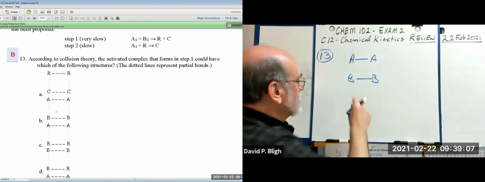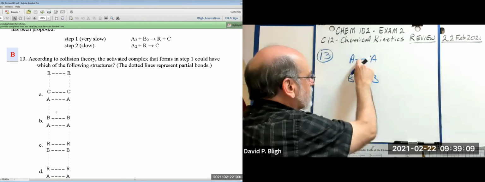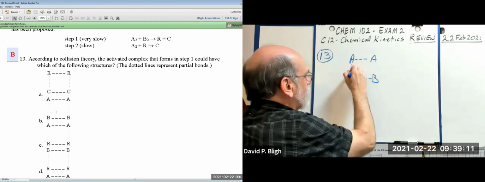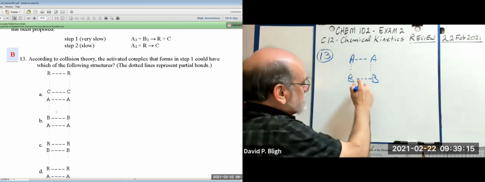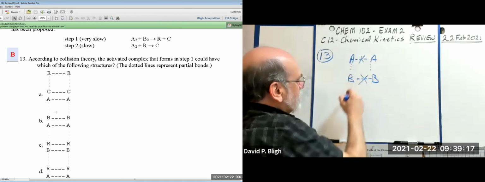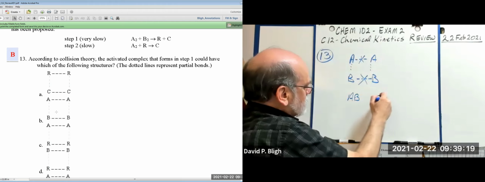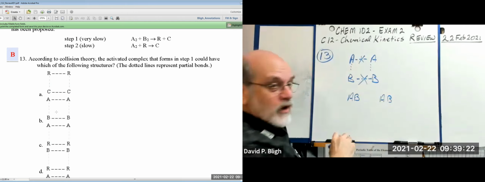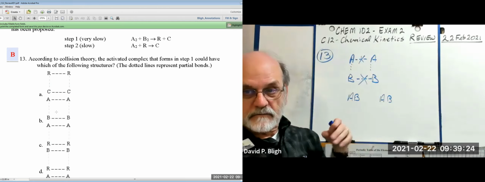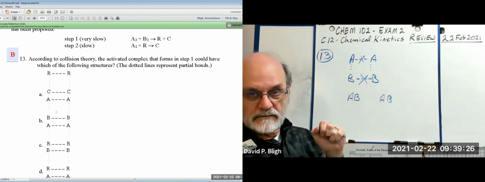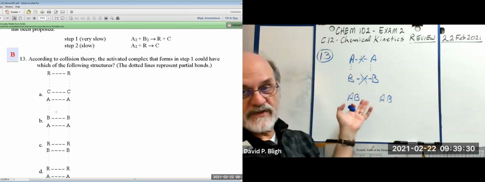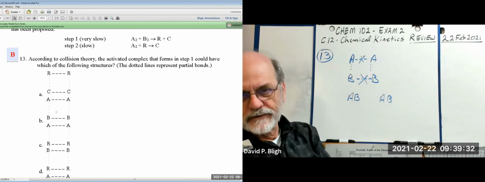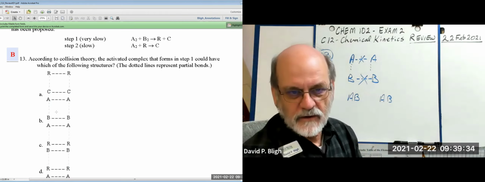Then after the collision, that starts to break, and that starts to form. And once these break completely, then what you have is AB and AB, which in my mind could be R, or one of them could be C. Who knows, right? This is purely hypothetical.